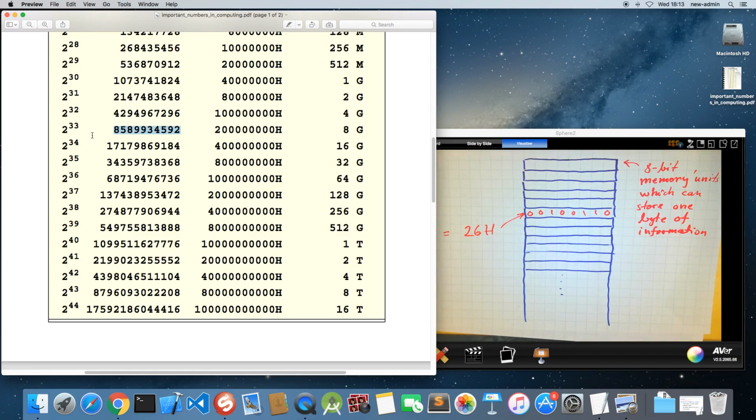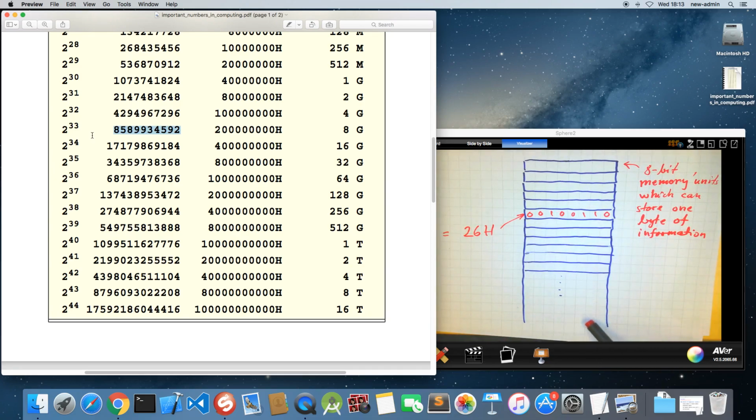So this is how computer memory looks, or you can think that computer memory looks like this. It's a very long list of memory cells where you can store bytes or bits, where you can store these binary numbers.